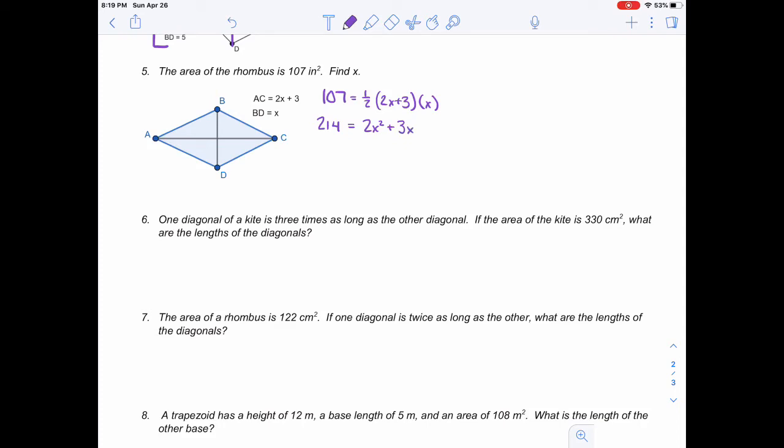So remember, to solve for x, since we have an x squared, we have an x, and we have just a number, we want to get it in the form of ax squared plus bx plus c is equal to 0. So I'm going to go ahead and subtract 214 over on both sides, and I'll be left with 0 here on my left is equal to 2x squared plus 3x minus 214.